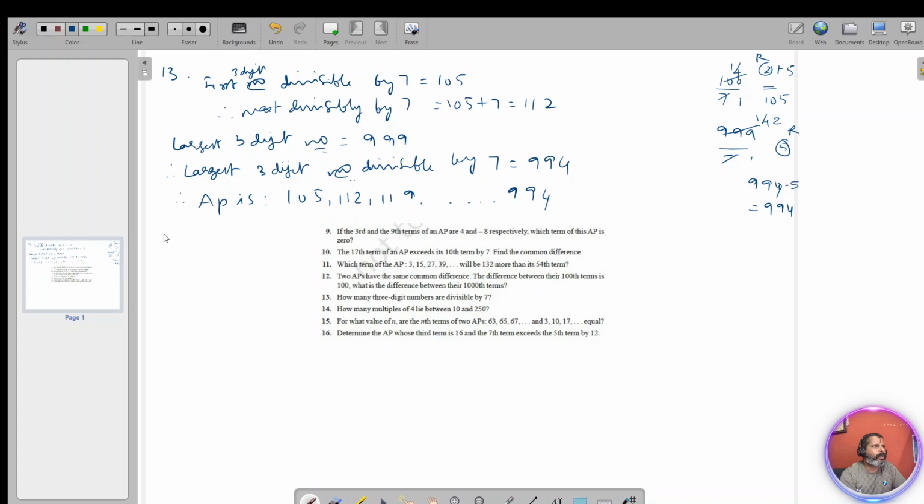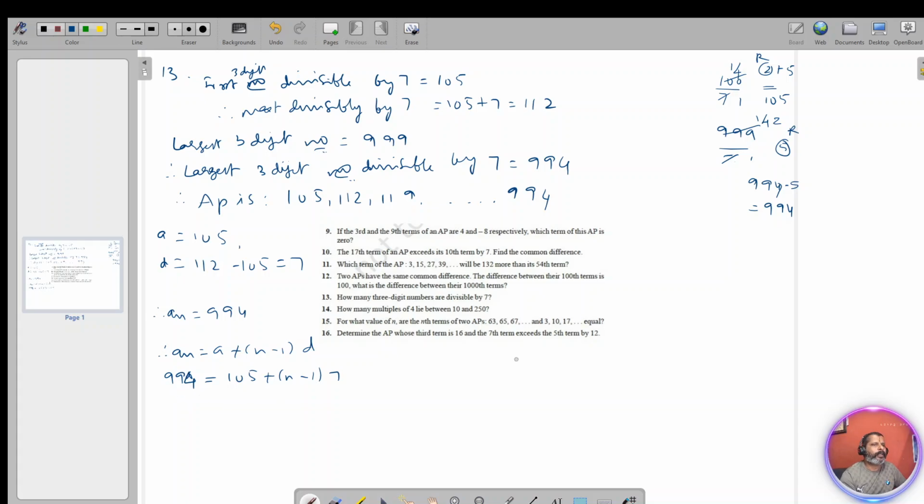So A equal to 105, D equal to 112 minus 105, that is 7 multiple, so obviously D equals 7 definitely. Therefore AN is equal to 994. AN is equal to A plus n minus 1 into D. 994 is equal to 105 plus n minus 1 into 7.